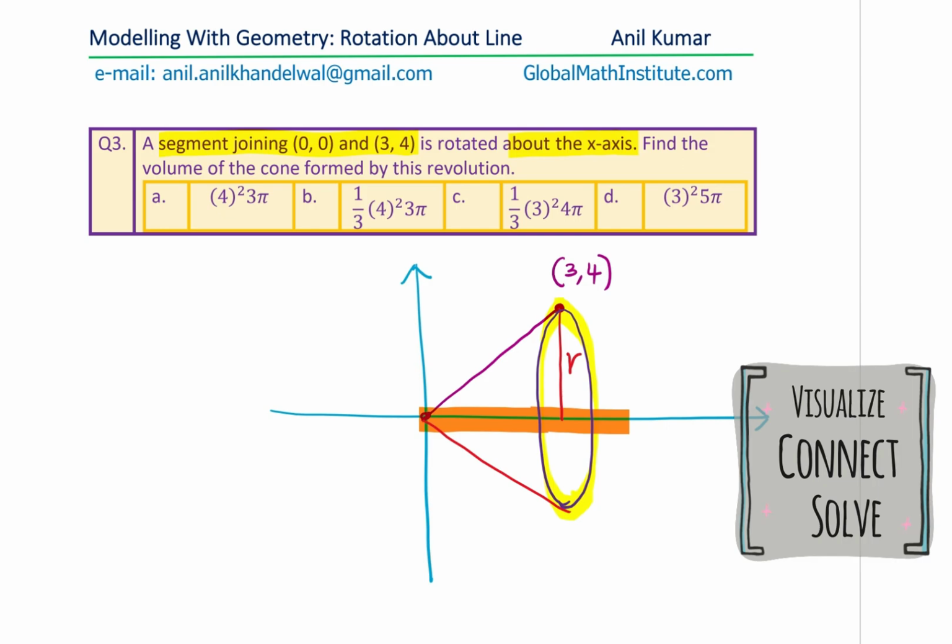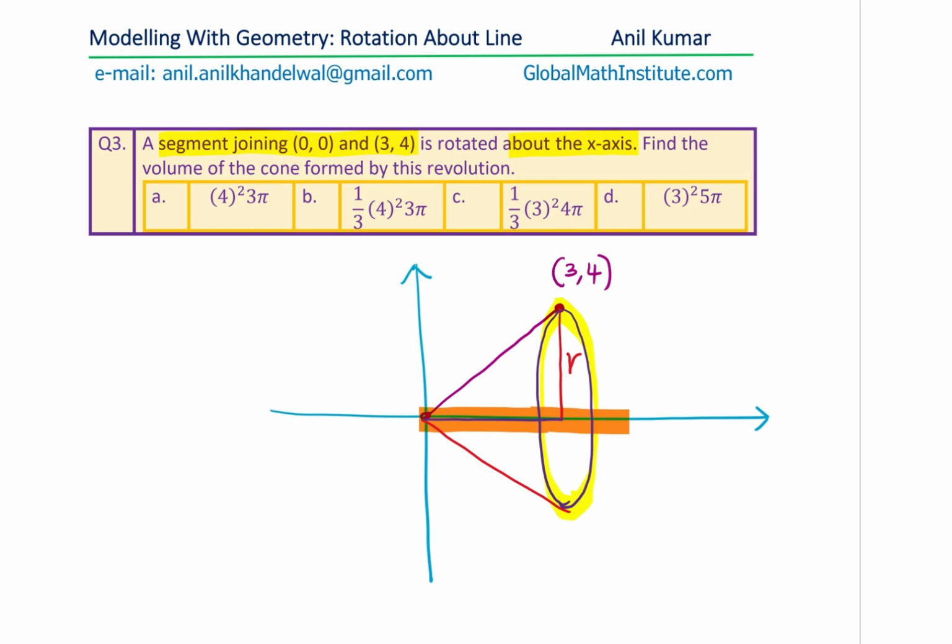Now we have a cone as shown here whose radius and height are clear. Since the coordinate points are 3 and 4, we know that this dimension here is 3 units and the height, which is the radius, is 4 units. You get the idea. So now for the cone, we know what the volume is.